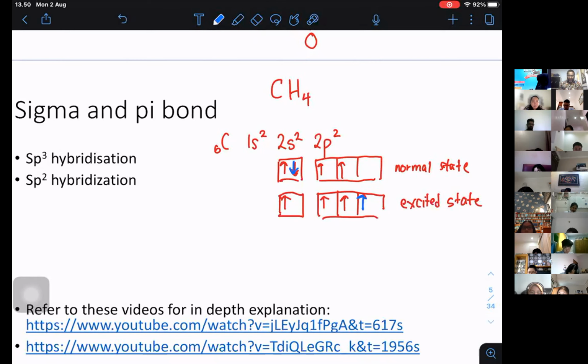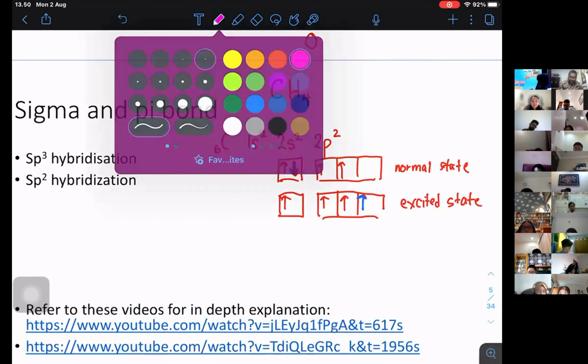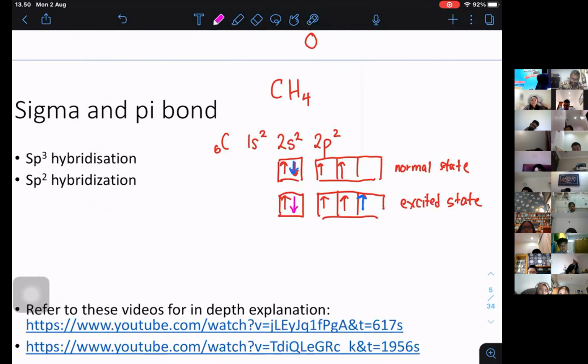So where will this electron go? If I put it over here in this color, the electron will come here. In order for that to happen, we are talking about a total of 4 orbitals: orbital 1, orbital 2, orbital 3, orbital number 4. So what are these orbitals? This is s, and these are p orbital, p orbital, p orbital.